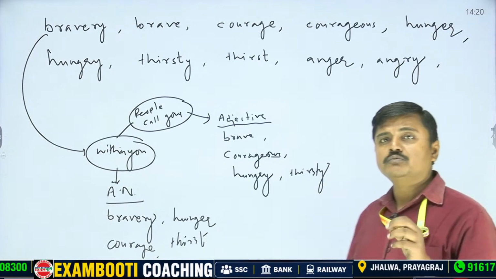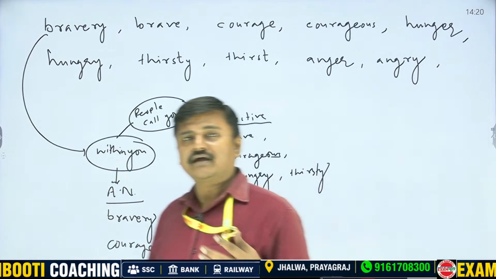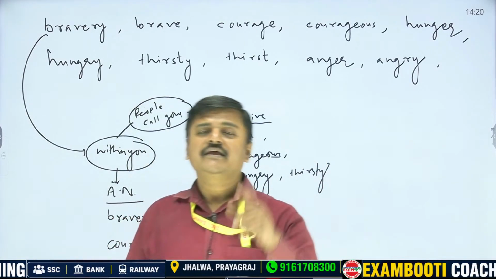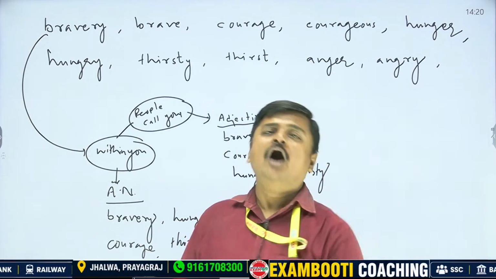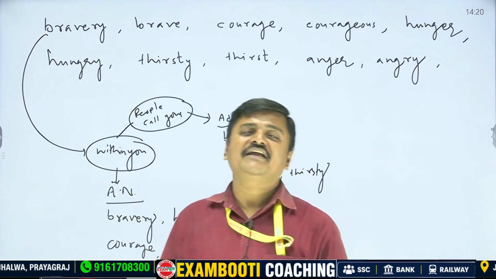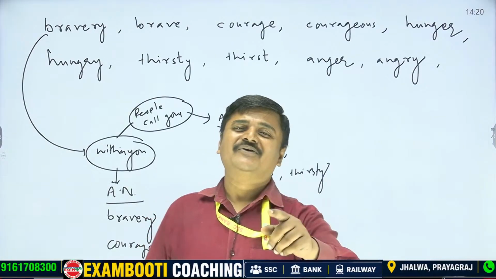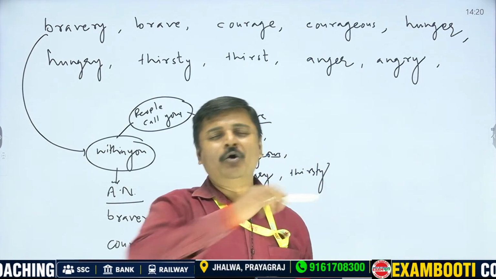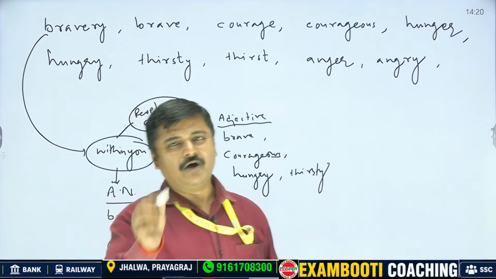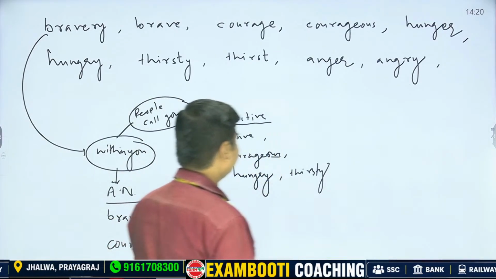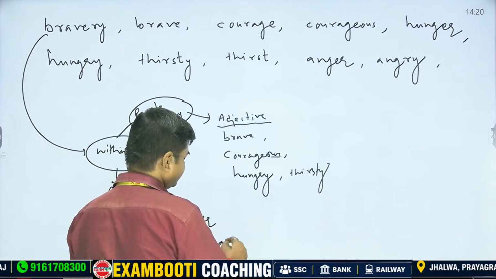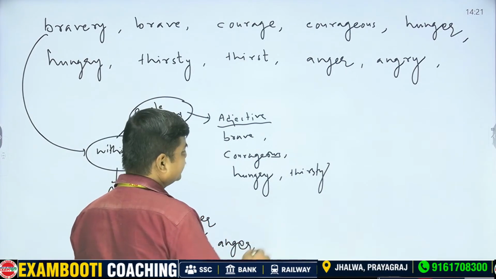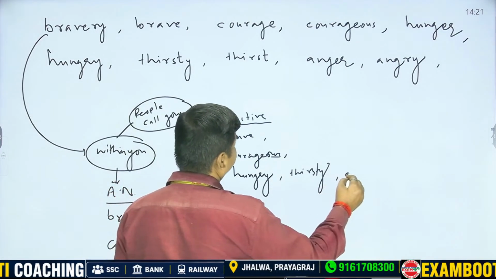Let's take two more words, anger and angry. Similarly, you are now able to identify an abstract noun and an adjective. Now there is no confusion. You know that anger is actually within us. If we have anger, we will be called angry.